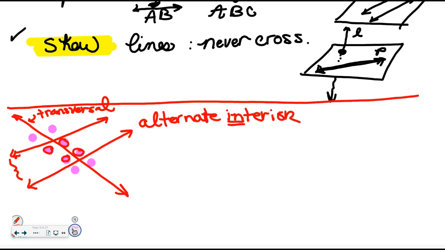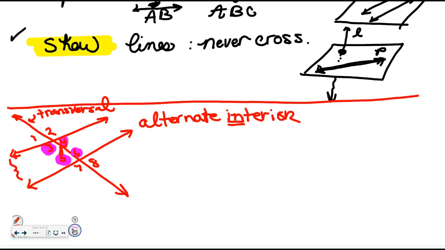Does that make sense? Now, do you see how we're going to go number these? So now I'm going to take the purple dots away. Just doing that with my finger so you could see it. So I'm going to call them angle 1, 2, 3, 4, 5, 6, 7, 8. So my interior ones are these. They're inside. The alternate means they're on opposite sides of that transversal.